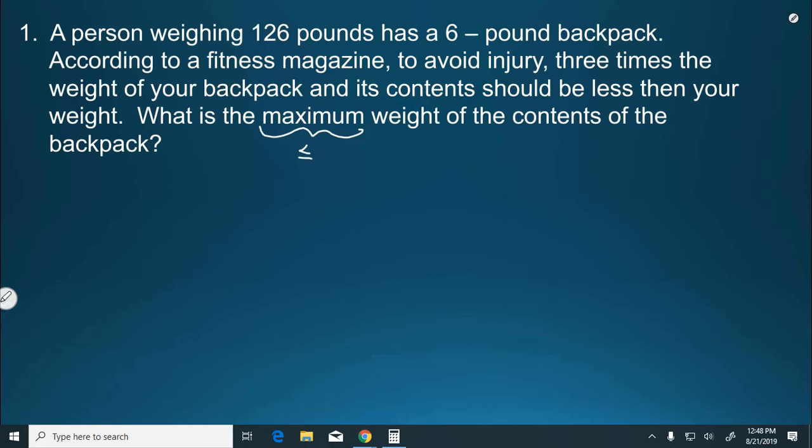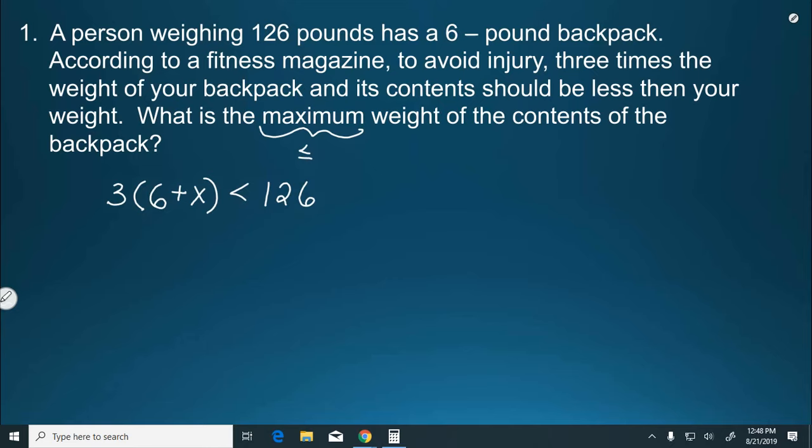So we have 3 times the weight of your backpack and its contents has to be less than 126 pounds. Now, I put less than here, but here it says maximum because I was reading what it says up there. So we want it to be less than 126, then we're going to answer it as if it was maximum later. So we'll see how this pans out.